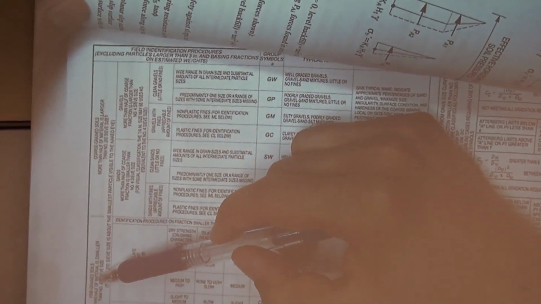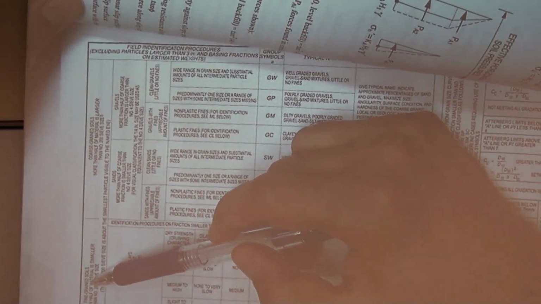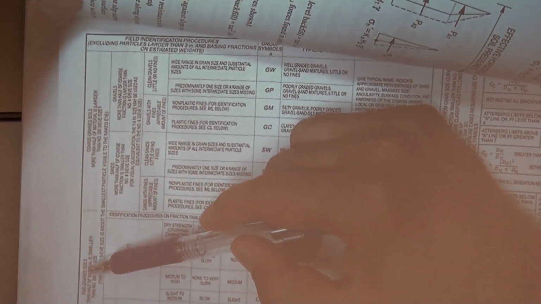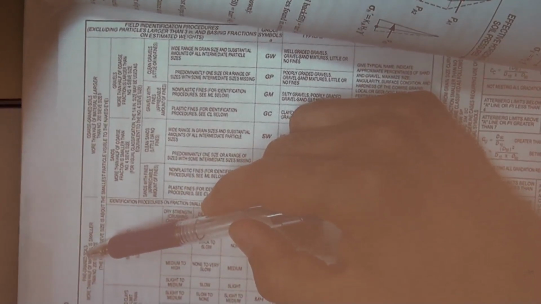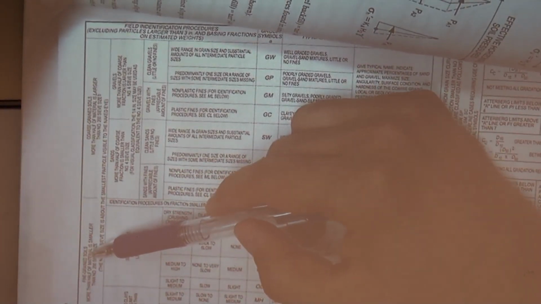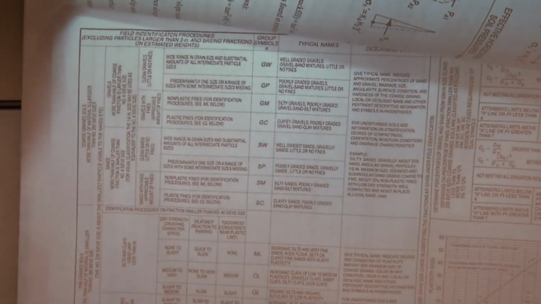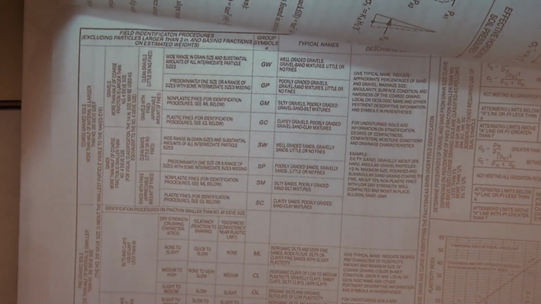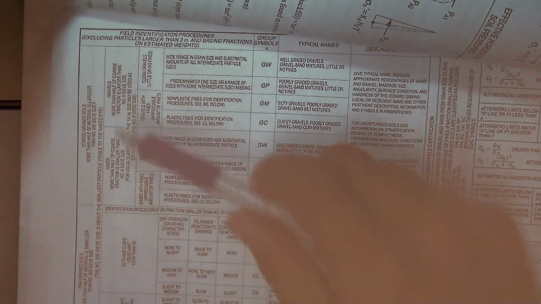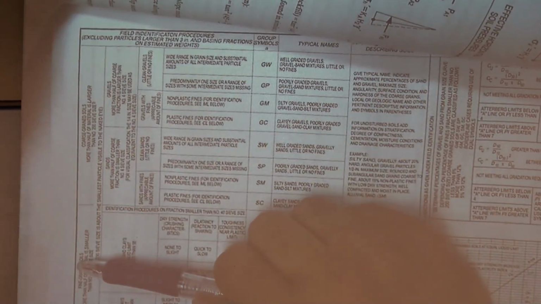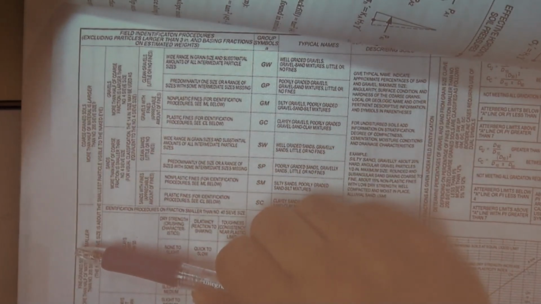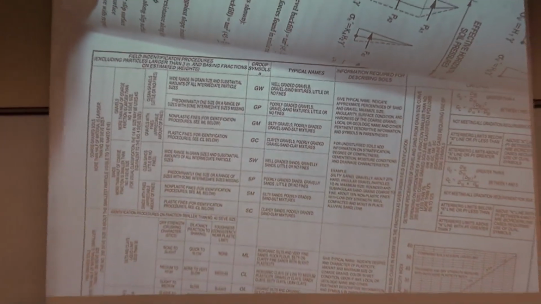First, you have to see how much fines you have. How can we say that? Based on percentage. If you have less than 50% passing sieve number 200, you have to work on just the top part of the table. So the first thing, sieve number 200. If you have more than 50% passing sieve number 200, you have to work with just the bottom part of the table.